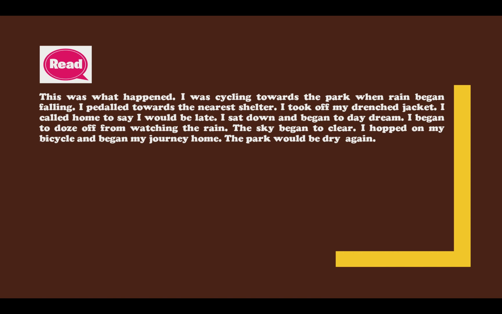I took off my drenched jacket. I called home to say I would be late. I sat down and began to daydream. I began to doze off from watching the rain. The sky began to clear. I hopped on my bicycle and began my journey home. The park would be dry again.